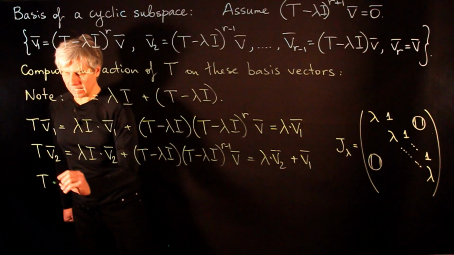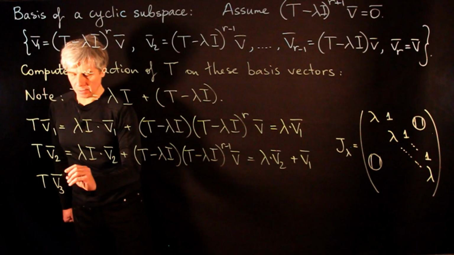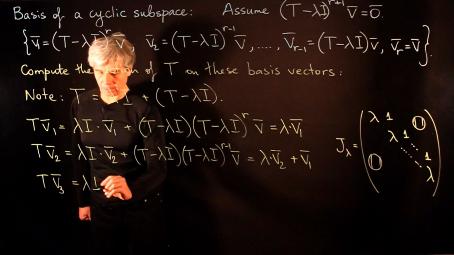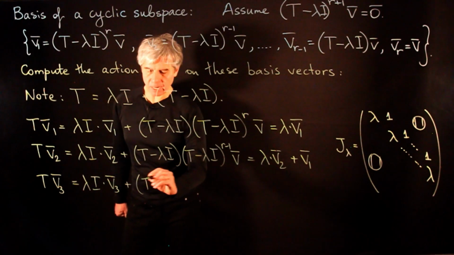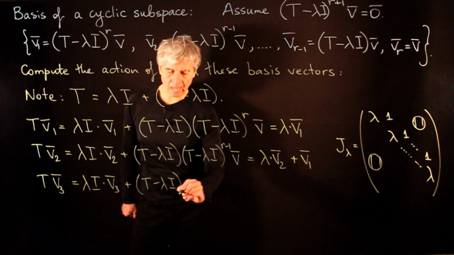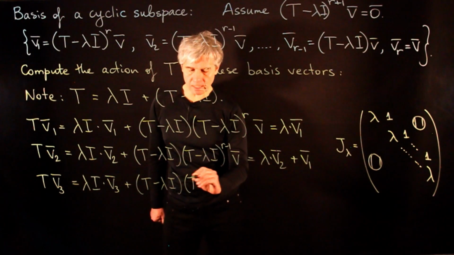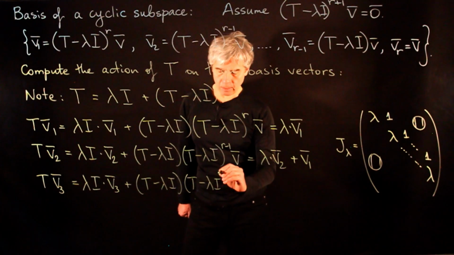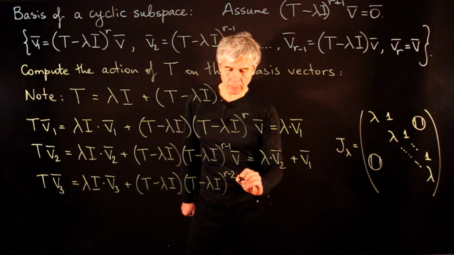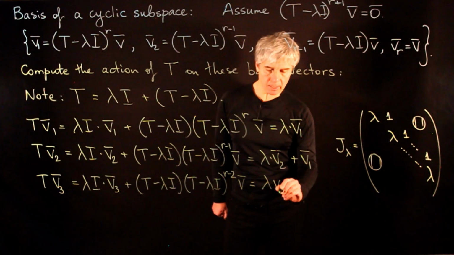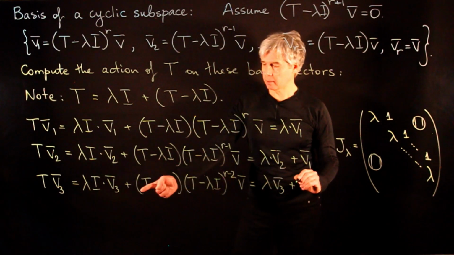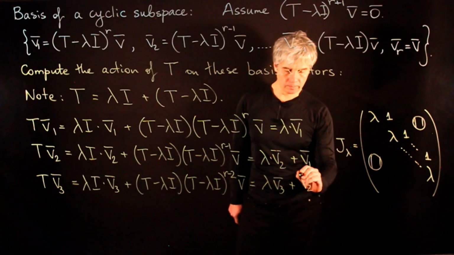Now, what is T acting on the vector v3? So this is lambda I acting on v3 plus (T minus lambda I) acting on v3, which is (T minus lambda I) to the power r minus 2 applied to v. And so this is lambda times v3 plus, and this vector is equal to v2.